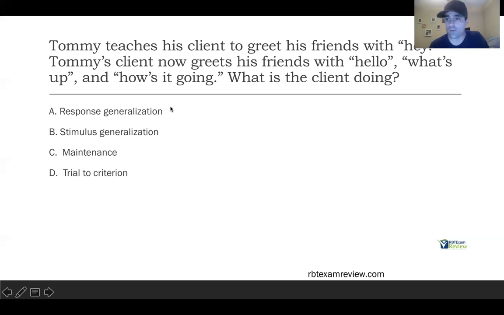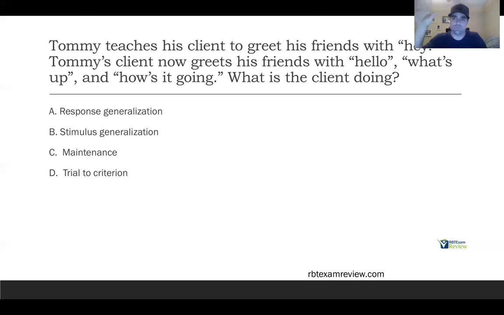So if you know your definition, you can immediately eliminate C. There's no maintenance going on. We're not testing for maintenance, and there's no trial to criterion going on. So it's either A or B. So what is A? Response generalization. Remember, what is response generalization? It's when you have the same stimuli or SD and a bunch of different responses.